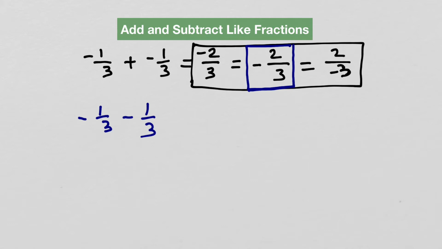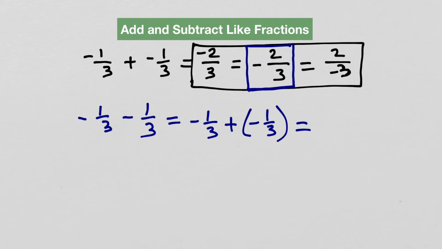In other words, let's change it to a positive. Okay, so this now becomes negative 1/3. We keep the same as the first one, except this time we're going to add, and now we're going to add a negative 1/3. Okay, so then this becomes the same problem as we saw earlier.